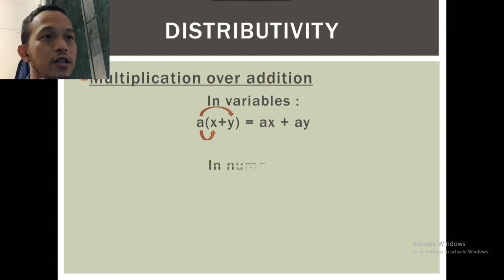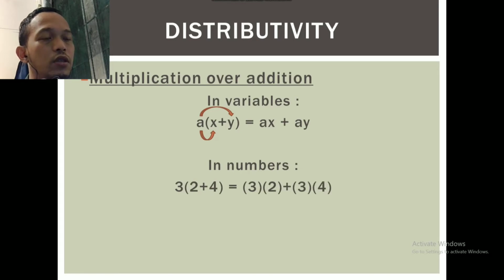In numbers, if I have 3 times the quantity 2 plus 4, originally I have to multiply 3 by the sum, which is 6. 3 times 6 is 18. This is from the left part.